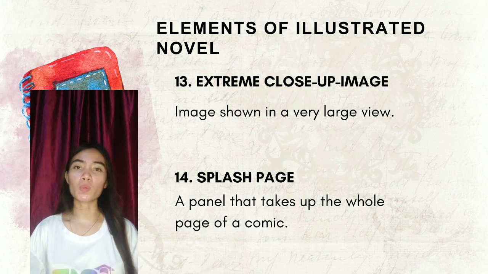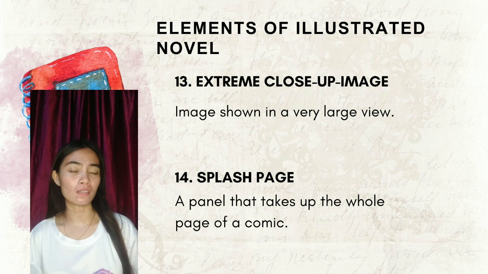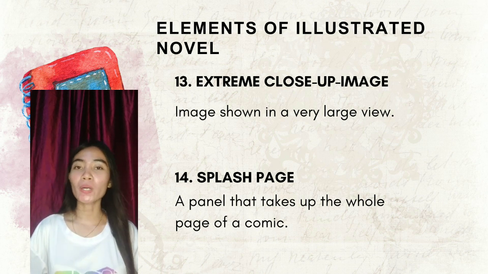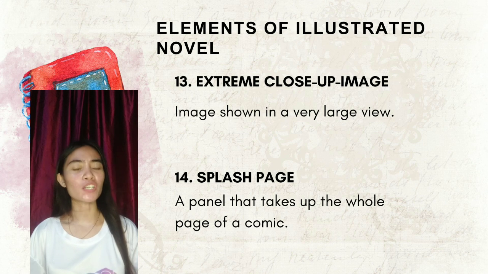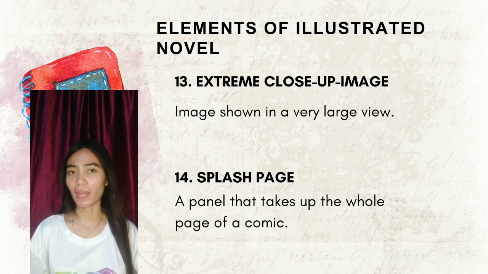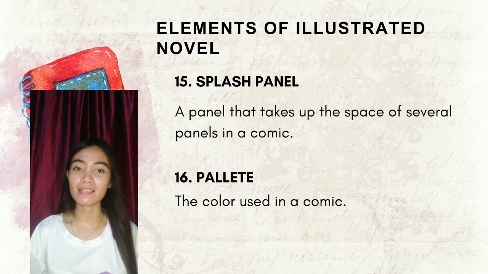Next is extreme close up, a very tight view of a subject, focusing on minute details like a character's eyes or an object. Next, the splash page, a single large panel that takes up an entire page. It's often used for a dramatic effect or important scenes.